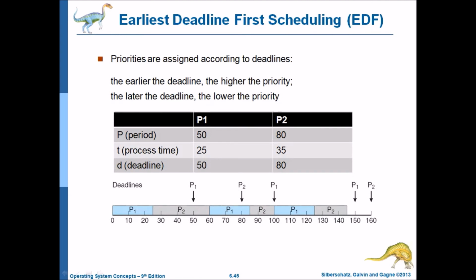Next is earliest deadline first scheduling, or EDF scheduling, which dynamically assigns priorities according to deadline. The earlier the deadline, the higher the priority. The later the deadline, the lower the priority.